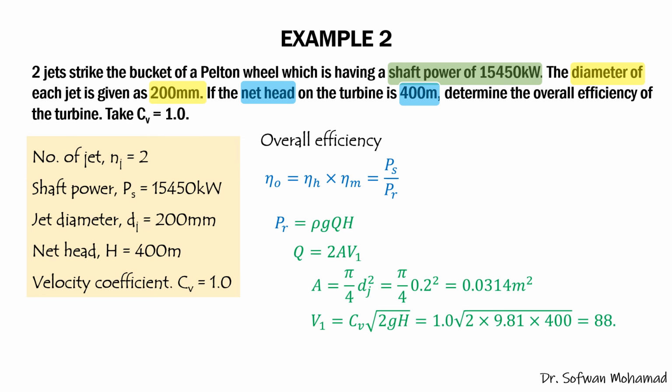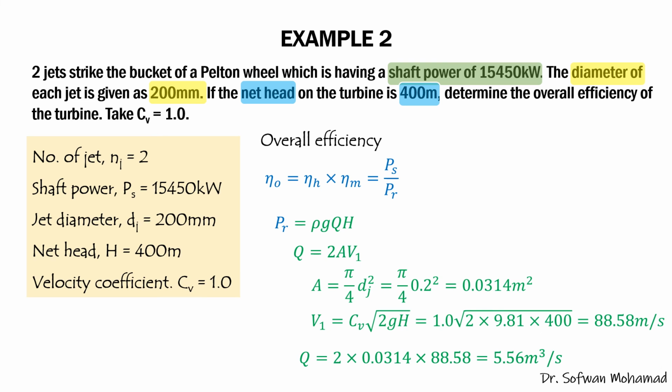We plug in those, we have the net height, the gravity and CV, so you will get V1 is equal to 88.58 meter per second. So we can calculate Q now. Q equal to 2 times the area 0.0314 times the velocity 88.58 equal to 5.56 meter cube per second.